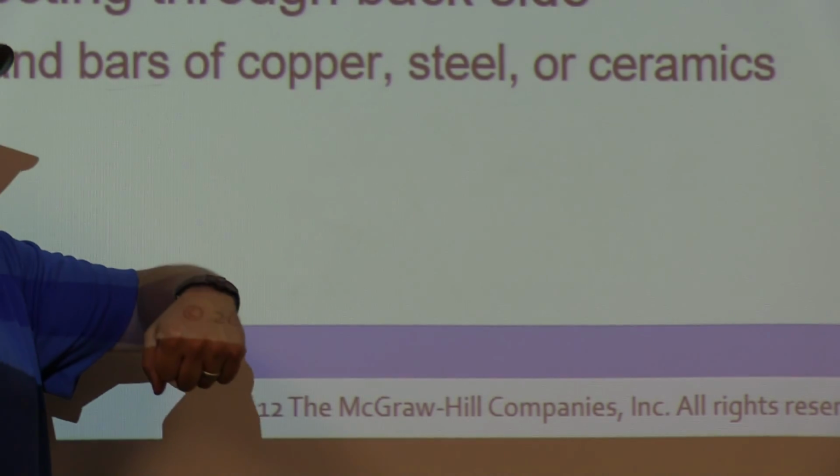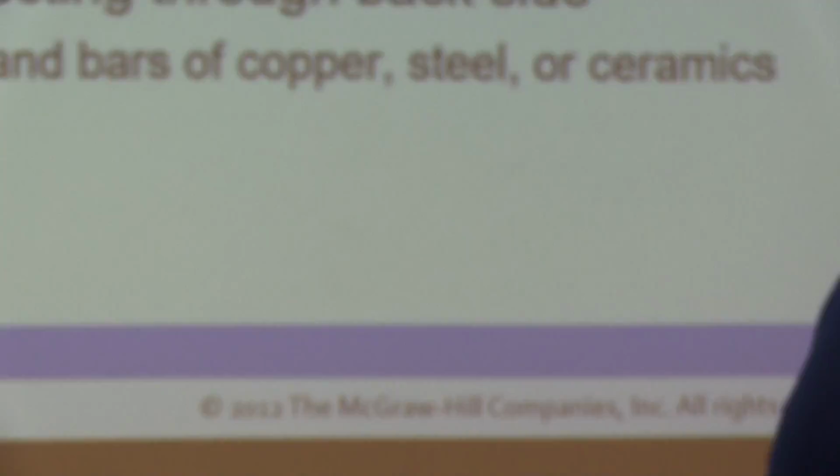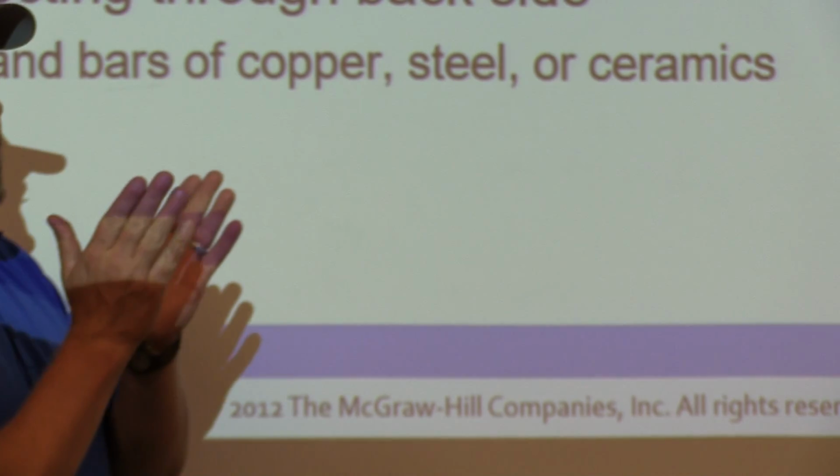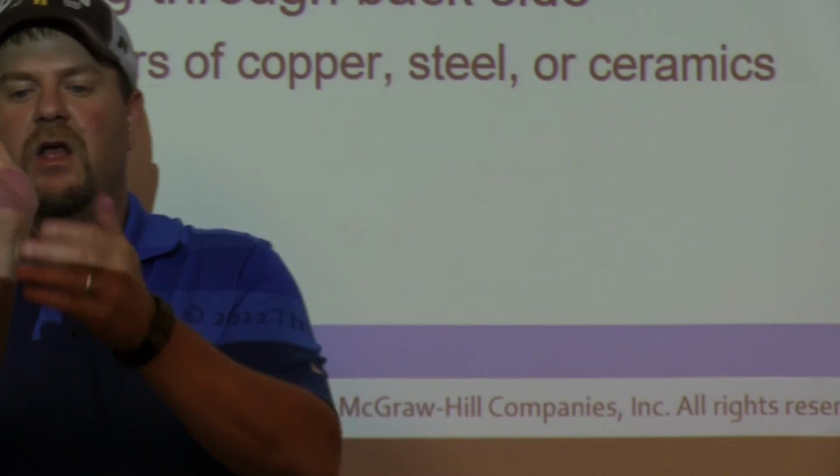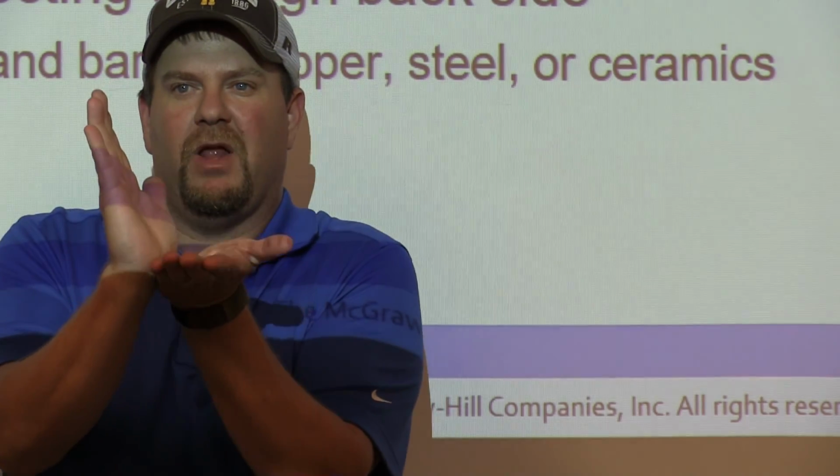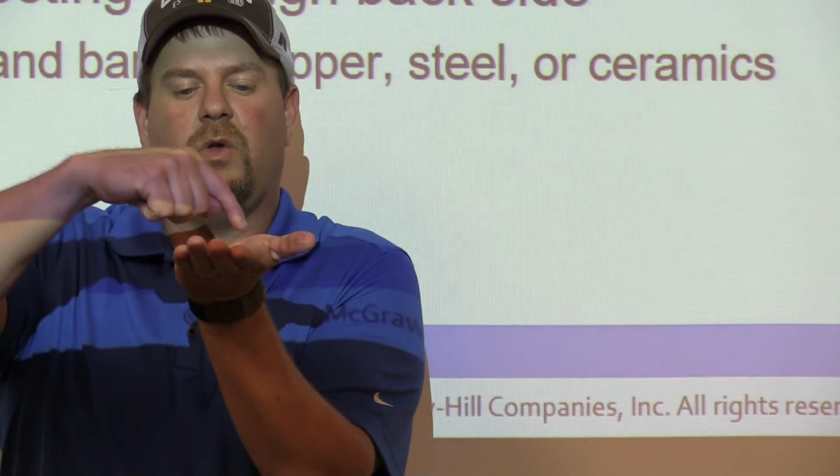I could hold it underneath my groove plate. If my gap was wide, especially really wide, and I would use it a lot on flux core specifically, but if my groove's wide and I've got like a 1/4 inch root opening and I want a full penetration weld but I'm worried about it drooping through, I can take my groove weld like this and put that brass plate or that copper underneath of it and it'll hold it there.